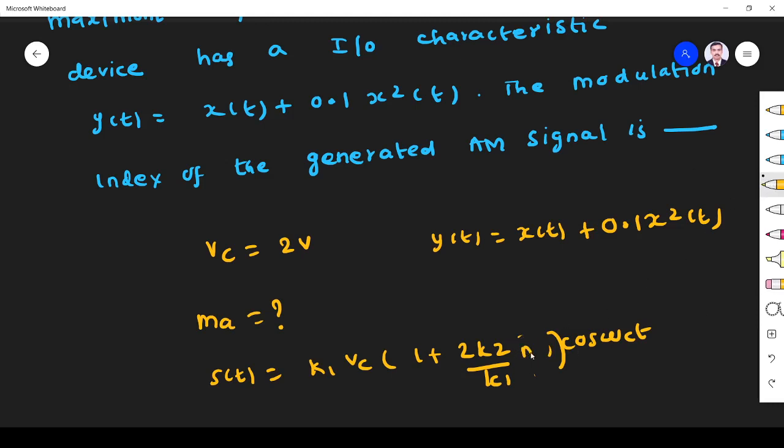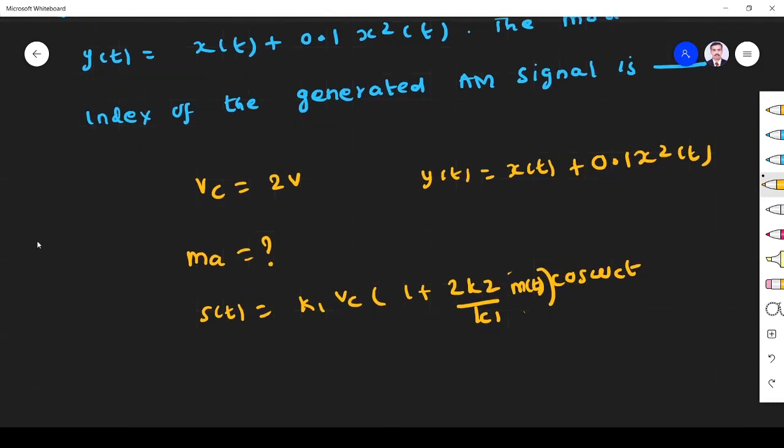Just now we derived this equation. So you compare both the equations, right? Here this is what I told, amplitude sensitivity. Amplitude sensitivity is 2 into K2 by K1. We know the coefficient of x is K1, the coefficient of x squared is K2. That's what we have taken.